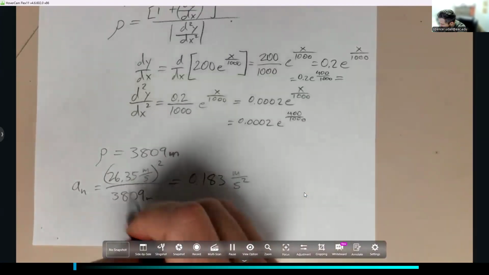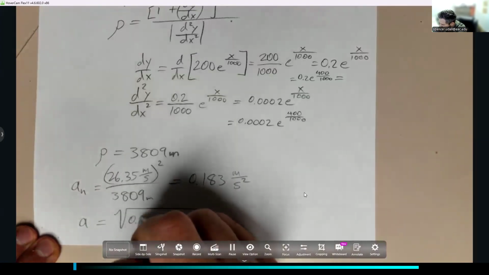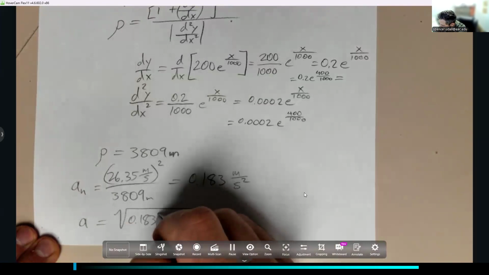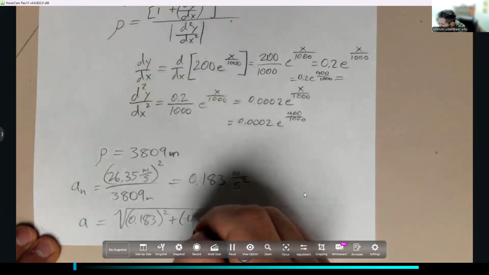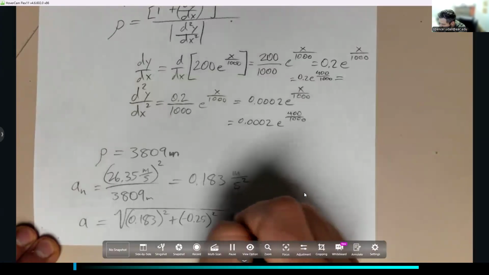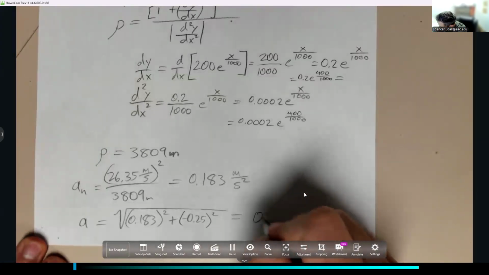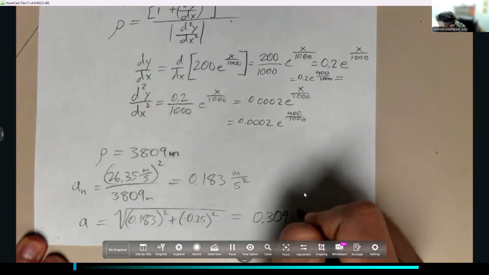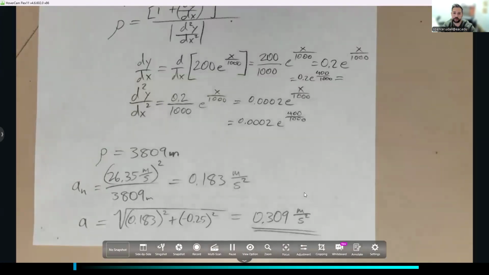And we're just about there. The final magnitude is just the square root of the sum of the squares. 0.183 squared plus negative 0.25 squared, the given AT. And finally, we've got it in the bag, 0.309 meters per second squared. That's our final answer for that one.